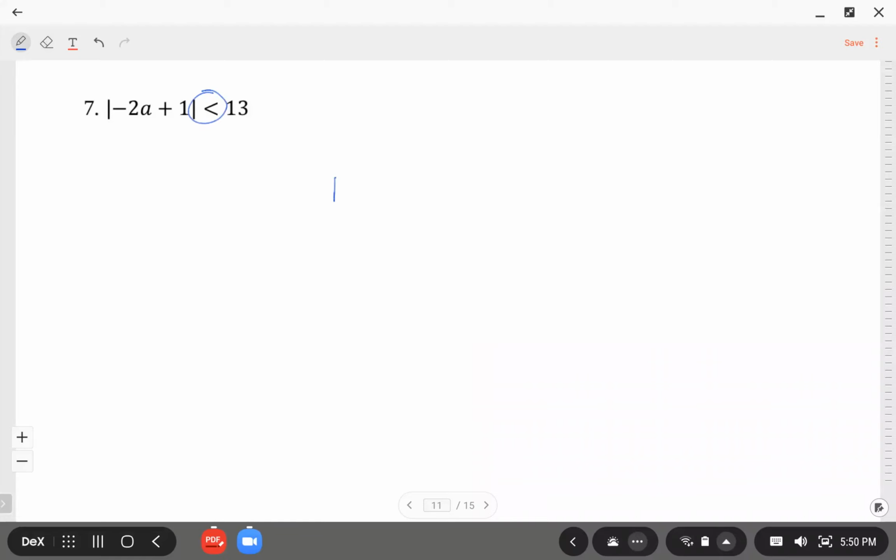So now we have, since I just proved my point here, -13 is less than -2a plus 1 is less than 13. Now we divide by 2.